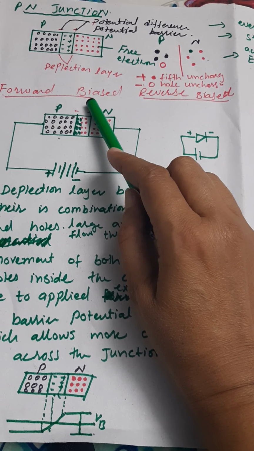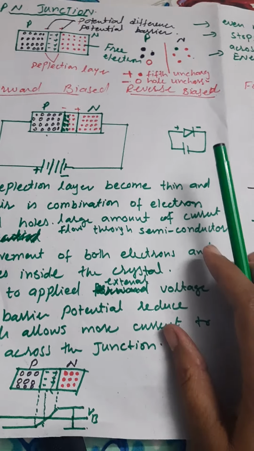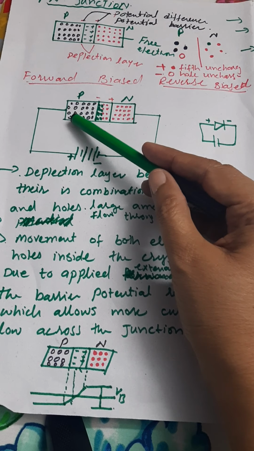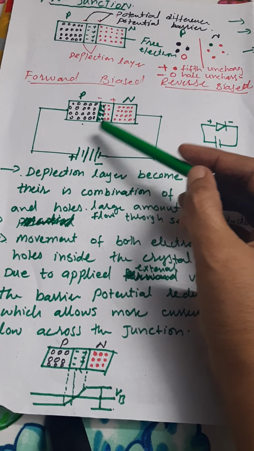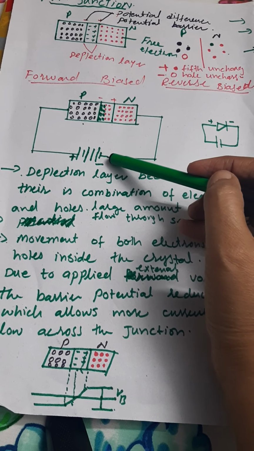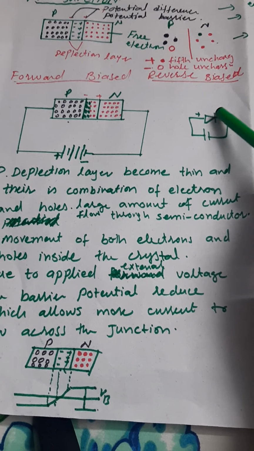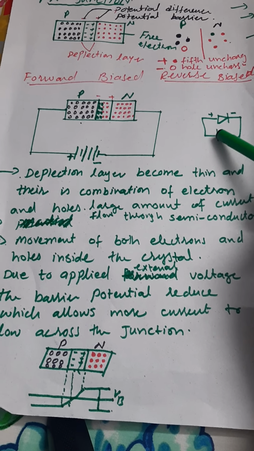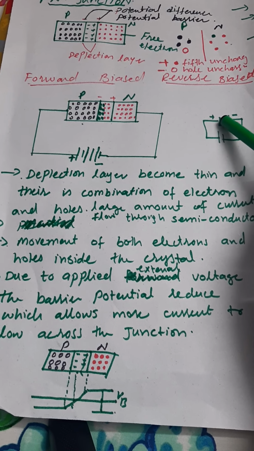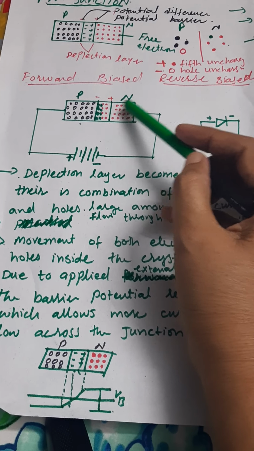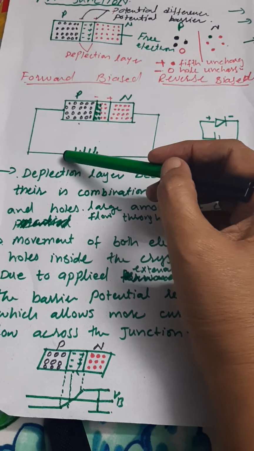In forward bias PN junction, the positive terminal is connected to the positive side of the battery and the negative terminal is connected to the negative side of the battery. Symbolically, the current flows from positive to negative, and there are holes and electrons.